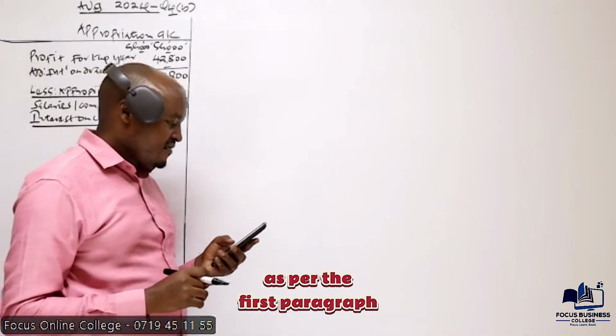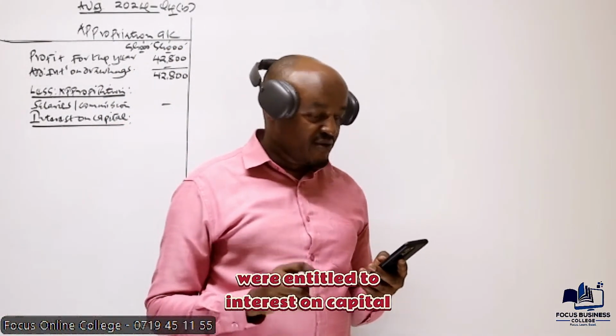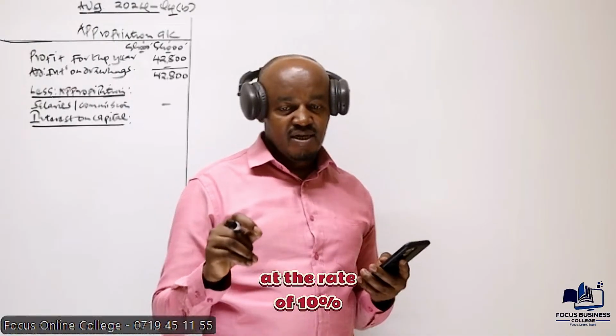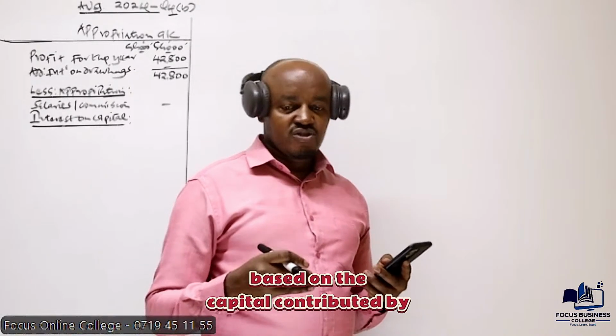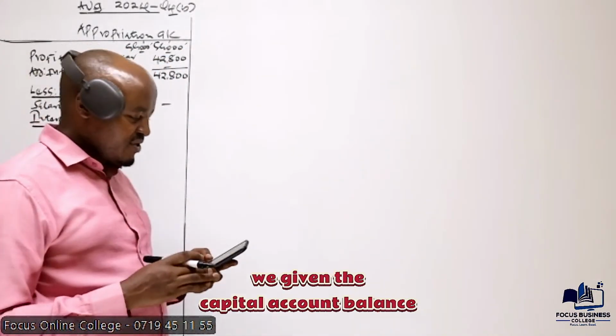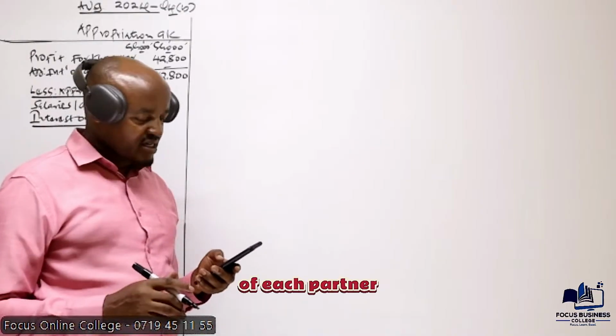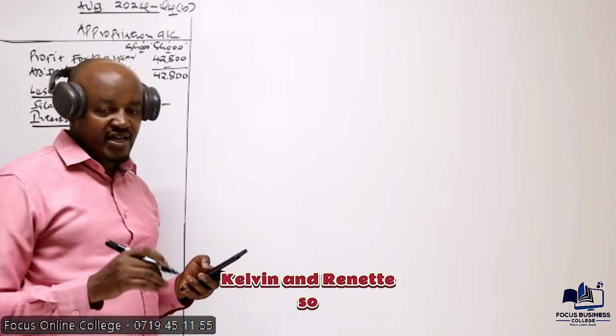As per the first paragraph, we are told the partners were entitled to interest on capital at the rate of 10%, and this should be computed based on the fixed capital balance, the capital contributed by each partner. If you go back to the trial balance, we're given the capital account balance of John, Kelvin, and Renette.